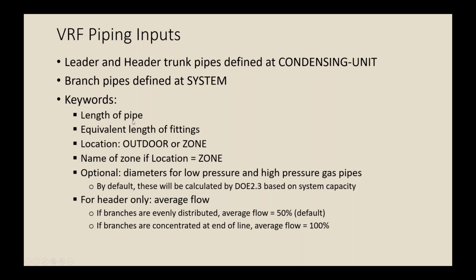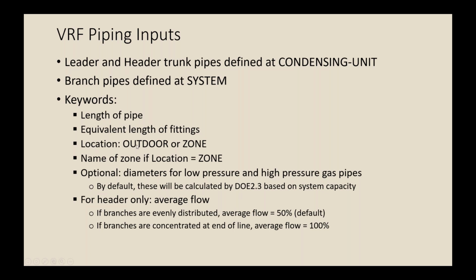So there's the length of the pipe, and then there's also an equivalent length for pipe fittings. And the reason those have to be separated is the length of the pipe relates both to the conductive heat loss through the pipe wall and also to the friction in the pipe, whereas the fittings only relate to friction, so they have to be handled separately in the model.